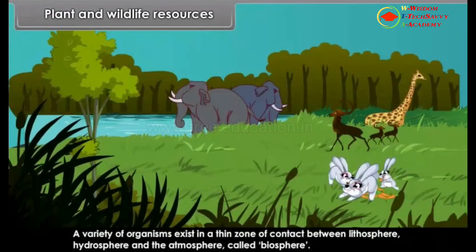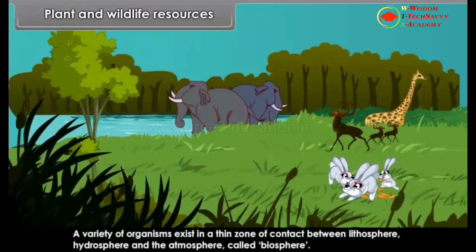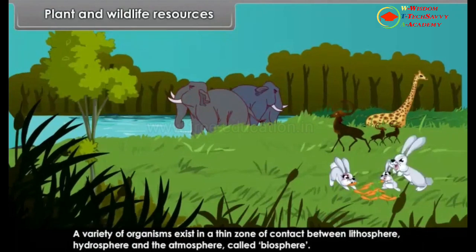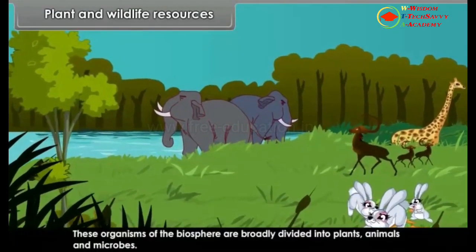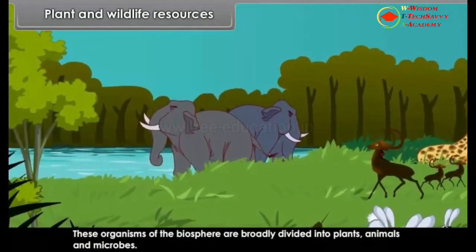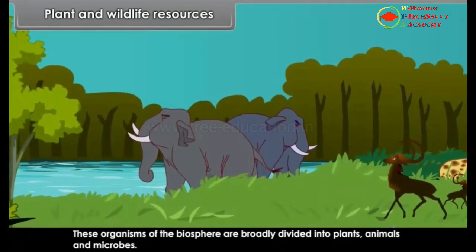A variety of organisms exist in a thin zone of contact between lithosphere, hydrosphere and the atmosphere called biosphere. These organisms of the biosphere are broadly divided into plants, animals and microbes.